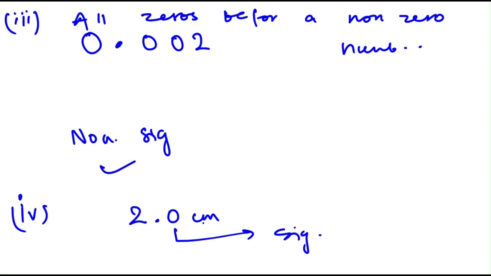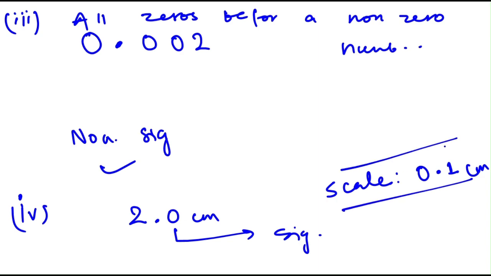Why am I saying this? Because this 0 is actually indicating the precision of the instrument. We can say the scale we have used has a least count of 0.1 centimeter. That's why we have marked 0 here. That is, up to this we can measure the length with the instrument.